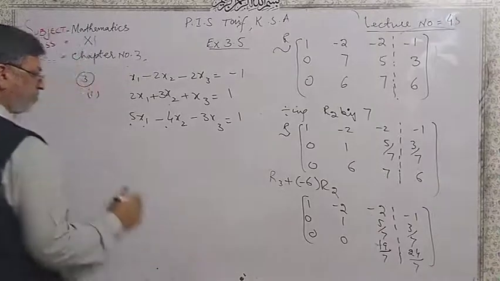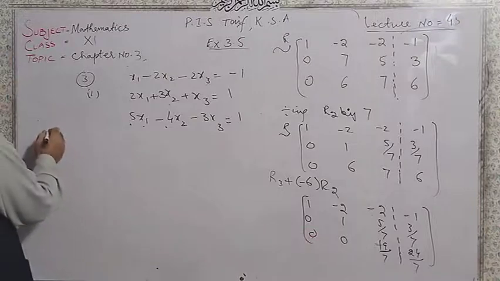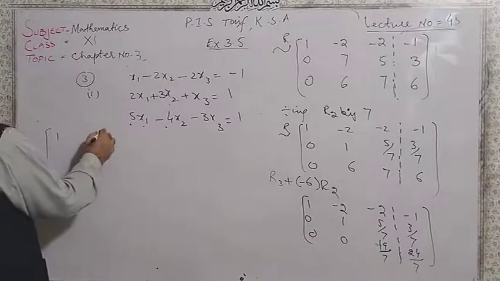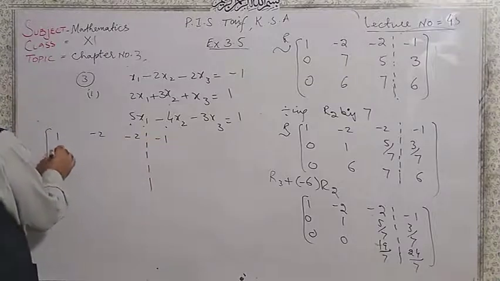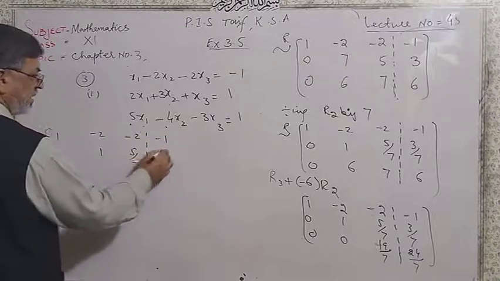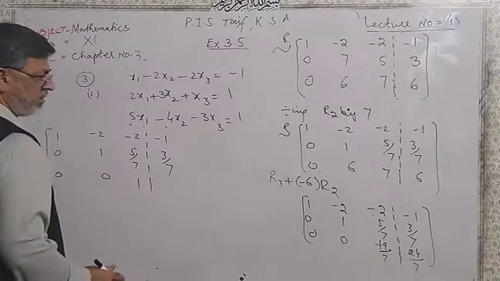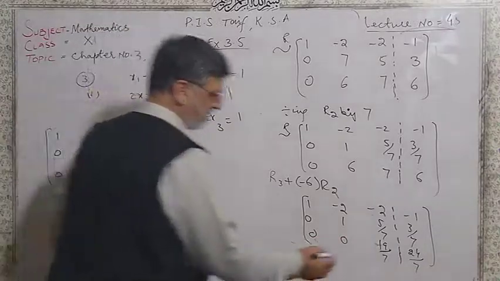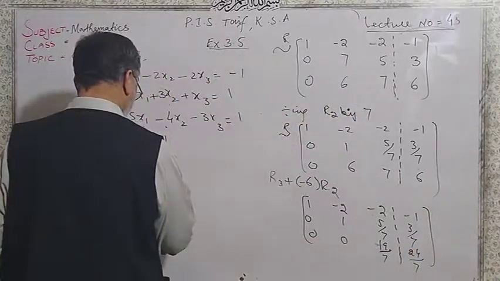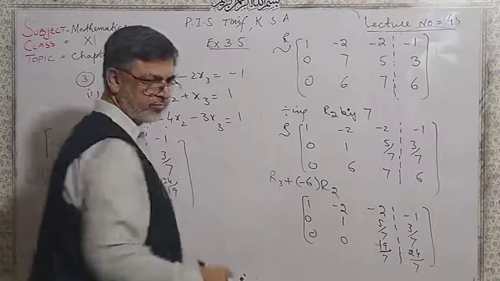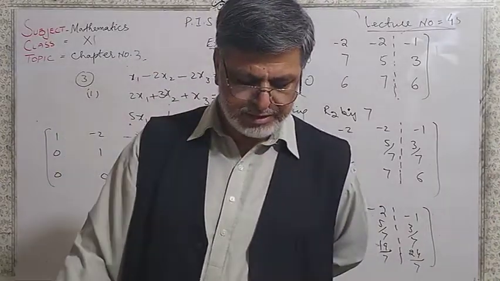Multiplying R3 by 7 over 19: 1 minus 2 minus 2 minus 1, 0 1 5 over 7 3 over 7, 0 0 and 1, 7 over 19 times 24 over 7. So 24 over 19.